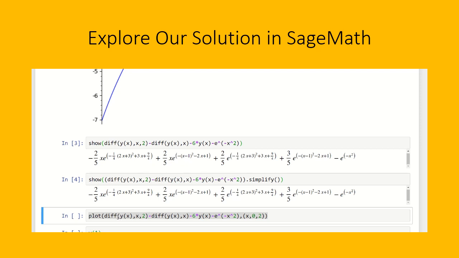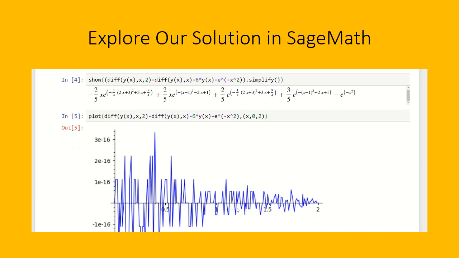Let's plot the second derivative of y with respect to x minus the first derivative of y with respect to x minus 6 times y minus e to the minus x squared, and let's plot it for x going from 0 to 2. That expression should equal 0 if our calculation is right. So let's see if we get a graph that is 0 everywhere.